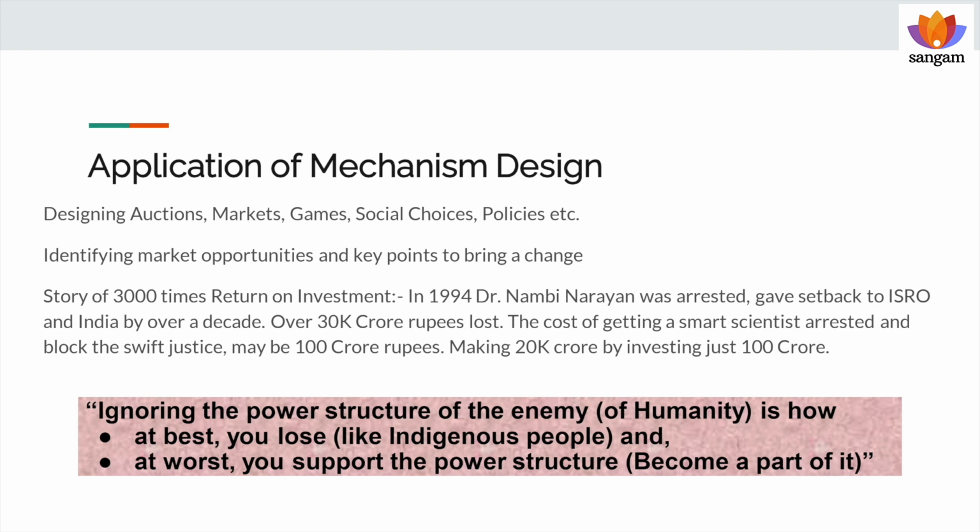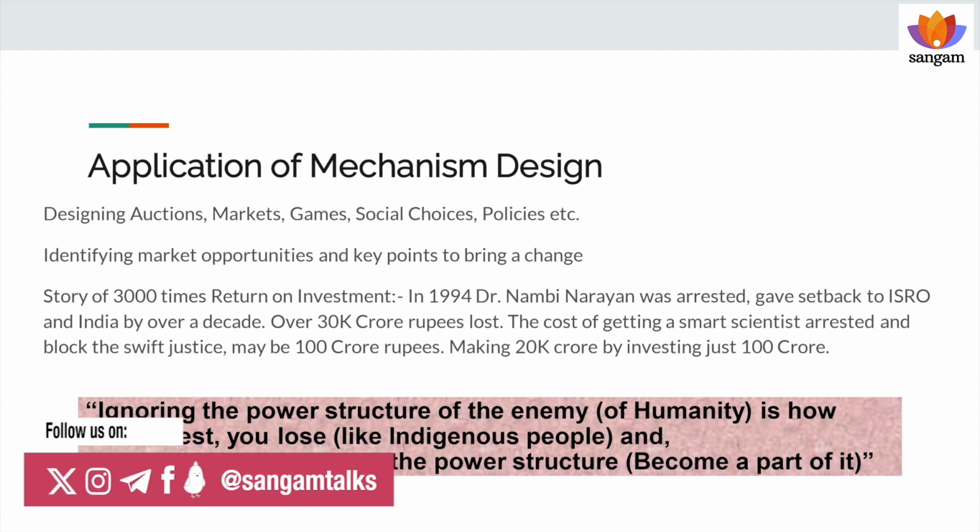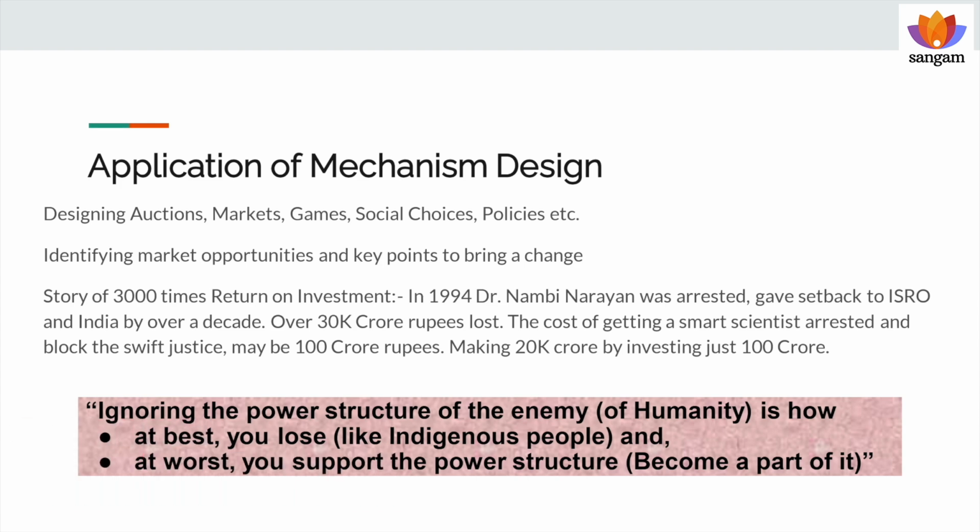But the cost of him being absent from ISRO and not working for India was, to India and Indian people, around 30,000 crore. So you can imagine how impactful a mechanism design can be if you use it to identify the key drivers or key people and eliminate them.